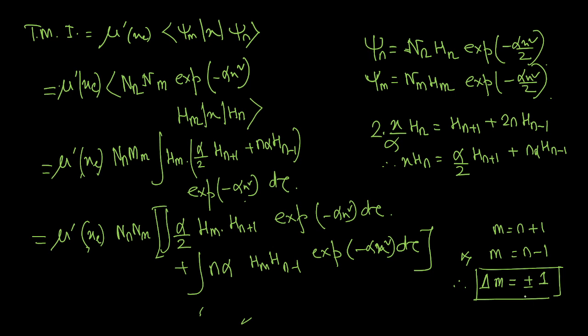So all the selection rules, delta m or delta n, whatever you call it, are derived based on this kind of condition, where it appears that the transition only survives when that integral survives. Okay, so this is the selection rule for vibrational transition.